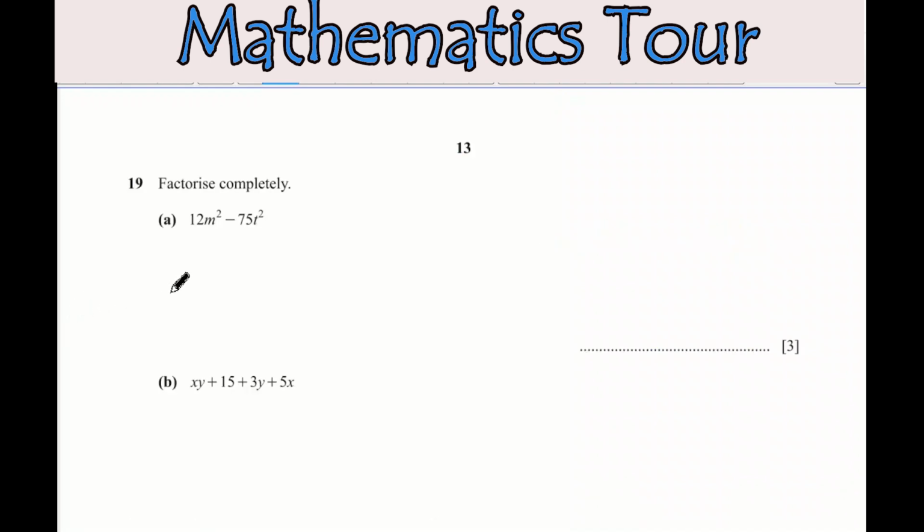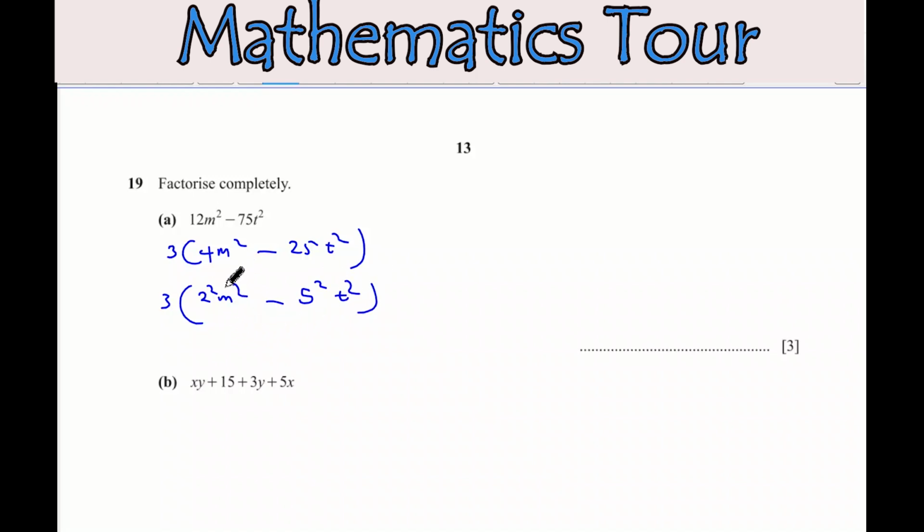That's question 19. Factorize completely this. First of all, 3 can go outside. So you have 3 into 4m squared minus 75 divided by 3, that will be 25t squared. I can write this as a difference of 2 squares. 4 is 2 squared, so 2 squared m squared minus 5 squared t squared.